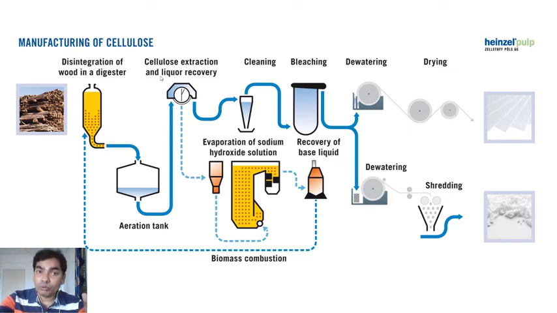Then cellulose extraction by liquid recovery with hot water and chemicals, then cleaning, then bleaching to make it whiter with different chemicals, and then dewatering and drying of those fibers. Finally we will get the cellulose sheets or the powder form of the cellulose, right?